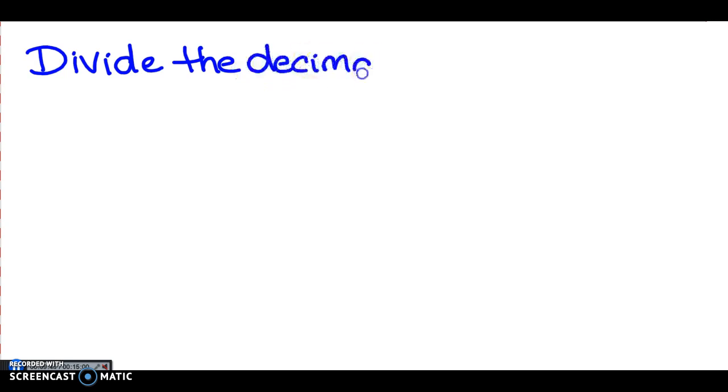So let's review what we do. So the first thing that you want to do is you want to divide the decimals. All right, so make sure that you're dividing the decimals. You may have to do it without a calculator.